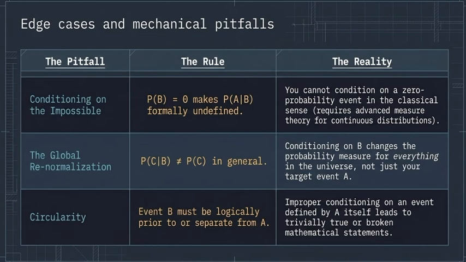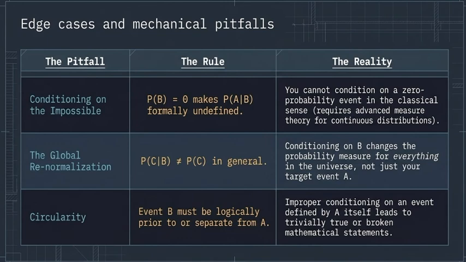Now, given is not equal to caused by. Remember, probability of A given B measures co-occurrence structure, not causality. Let's take an example: probability of lung cancer given yellow fingers is high, but yellow fingers don't cause cancer, both are caused by smoking. So causal inference is a separate framework entirely.